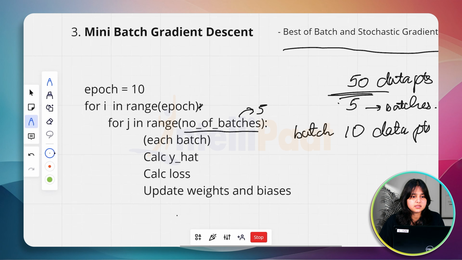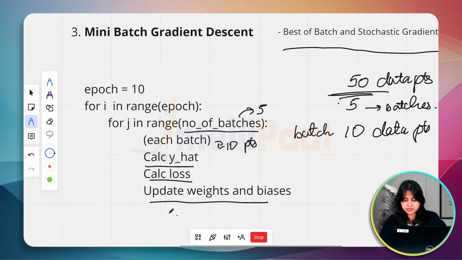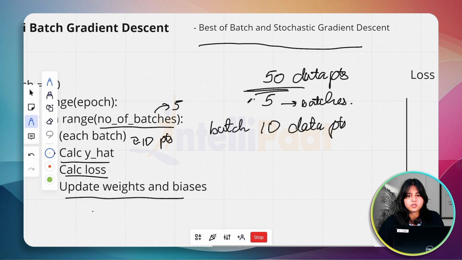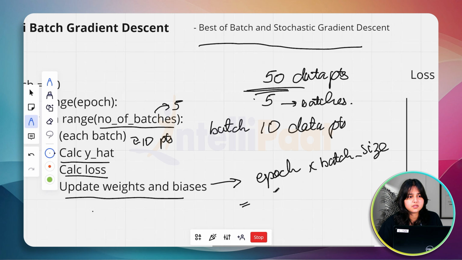Our epochs is 10. So for each batch, meaning for every 10 data points, we calculate the y hat, we calculate the loss, and then we update the weights and biases. So you can say the total number of times our weights and biases are updated is basically epochs into batch size, which is nothing but 10 into 5, 50.